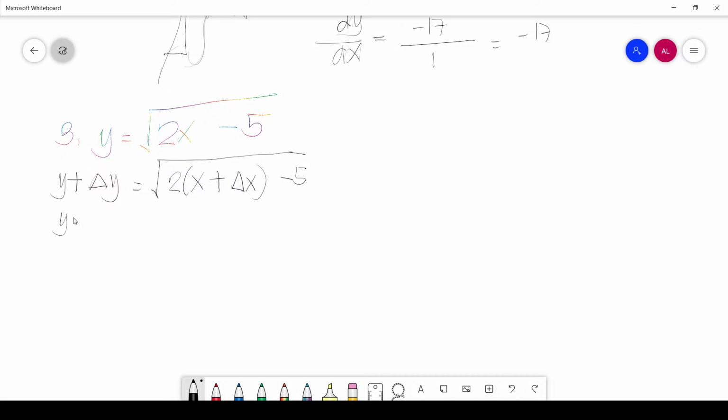Expand: y plus delta y is equal to the square root of 2x plus 2 delta x minus 5. Di ba? So, ano nang nangyari?